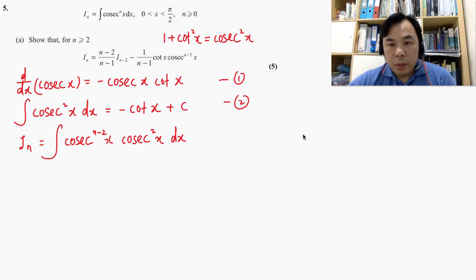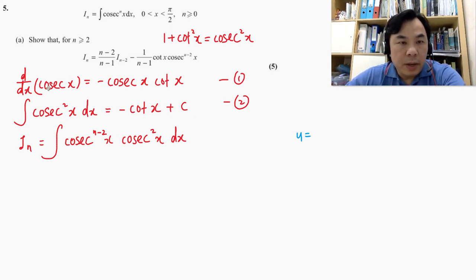Now, first of all, we will let u equal to something that is easier to differentiate. Okay, easier to differentiate. As you can see, it's easier to differentiate cosecant here, and then it's easier to integrate the cosecant square. All right.